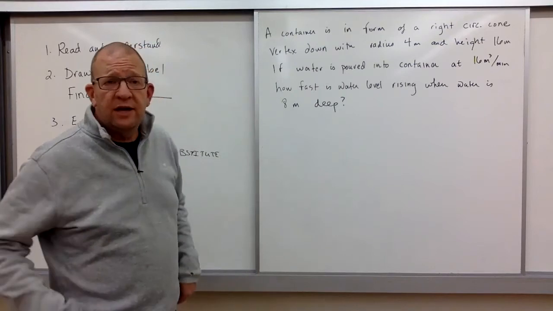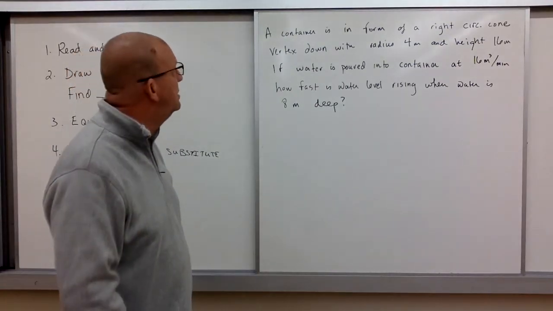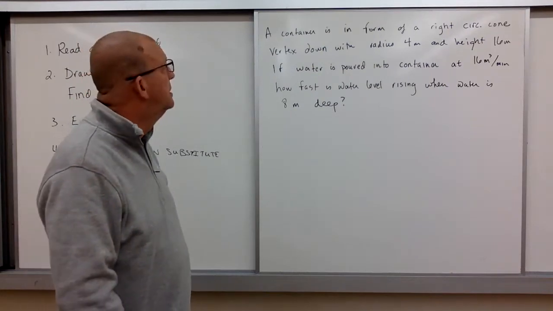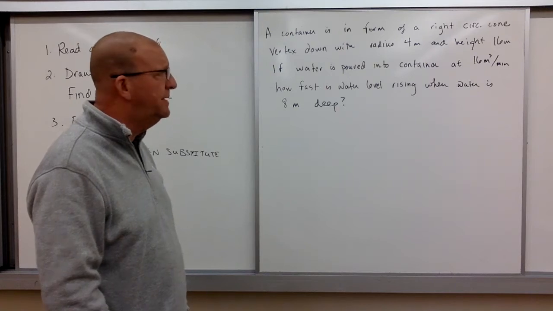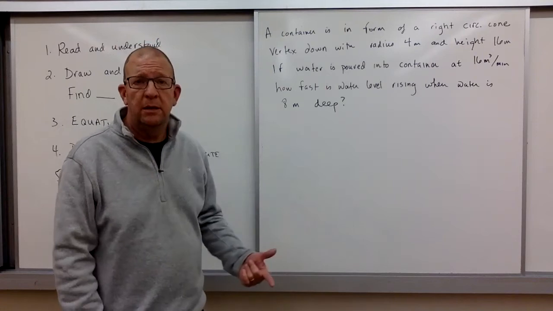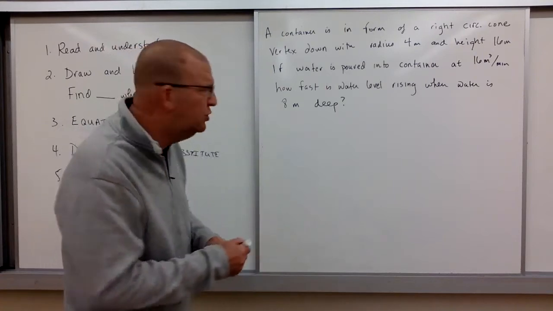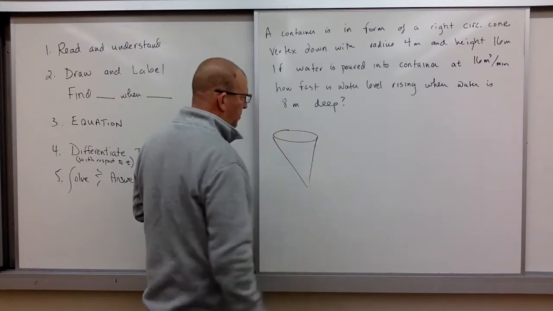Okay, so let's read and see if we can understand this problem. The container is in the form of a right circular cone, vertex down, with radius 4, height 16. Water is poured into the container at 16 meters cubed per minute. How fast is the water level rising when the water is 8 meters deep? I think I understand the situation. We've got a cone.